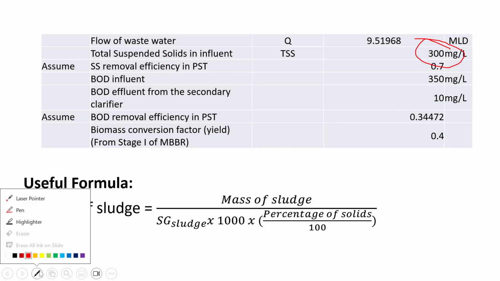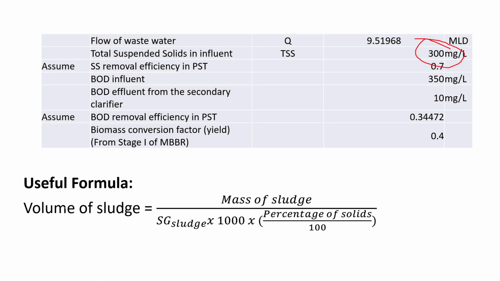Mass of sludge you have calculated, 199.13, percentage of solids is 6%, and specific gravity is 1.06.